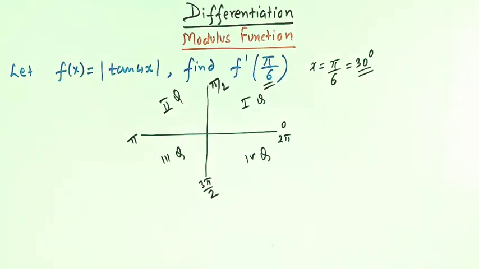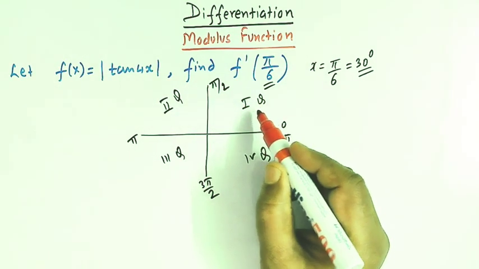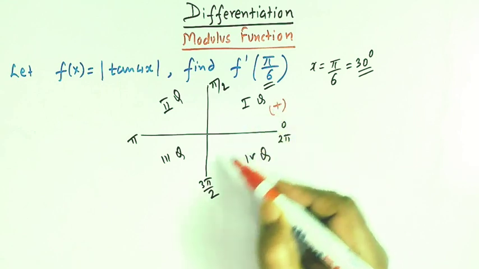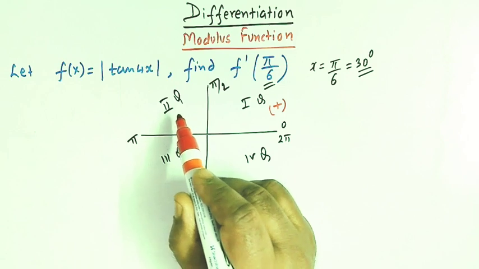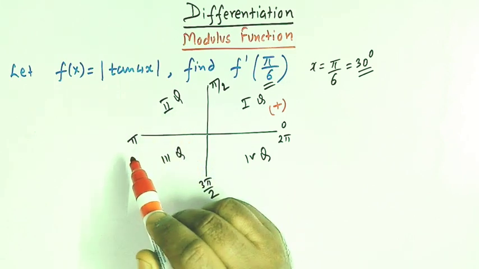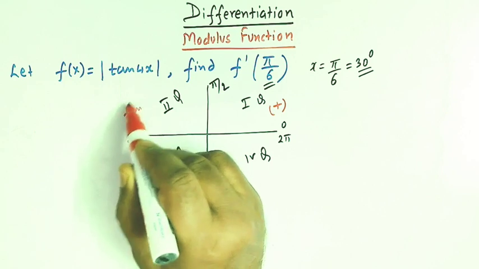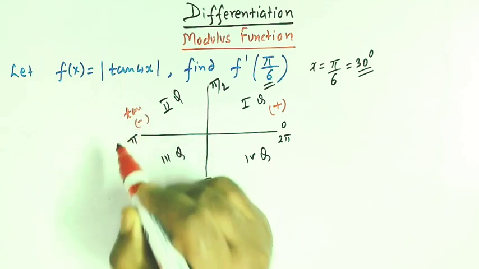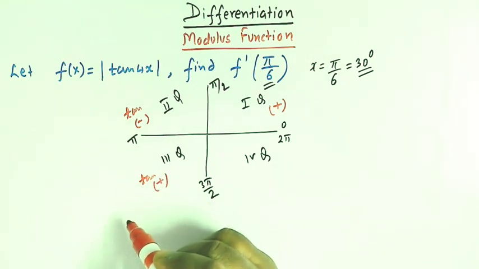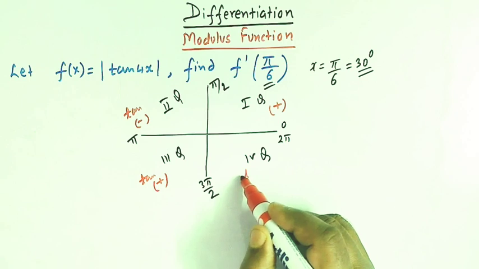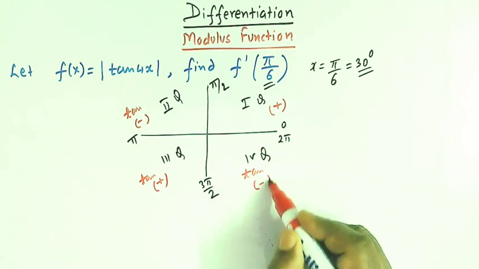Now from trigonometry we know that in the first quadrant all the trigonometric functions are positive. In the second quadrant only the sine function is positive, so the tangent function is negative. In the third quadrant the tangent function is positive, and in the fourth quadrant the tangent function is negative.